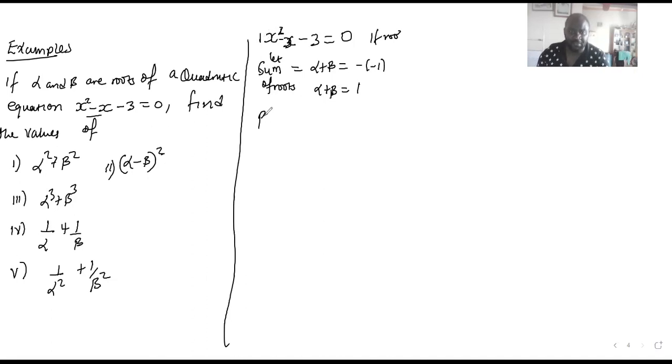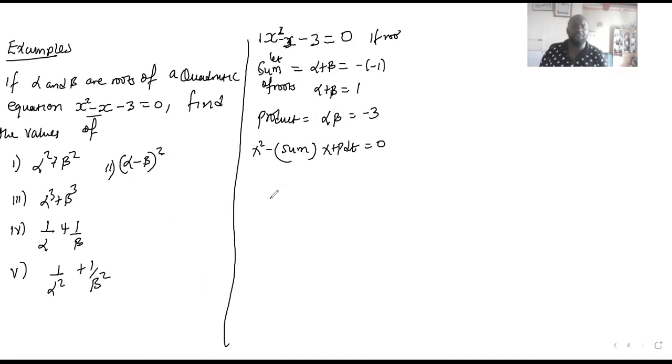Then the product of the roots, alpha times beta, is -3. Okay? So, why are we doing so? It's because the general equation says x squared minus the sum of the roots times x plus the product of the roots must give us what?